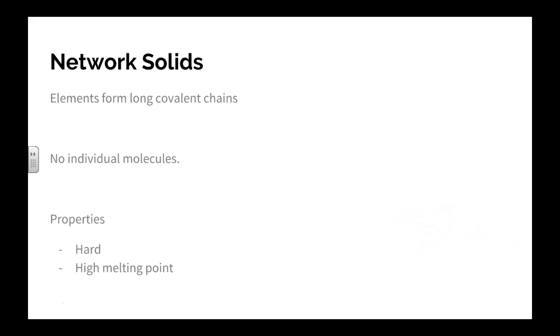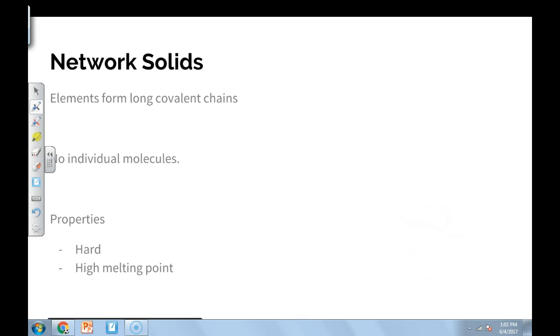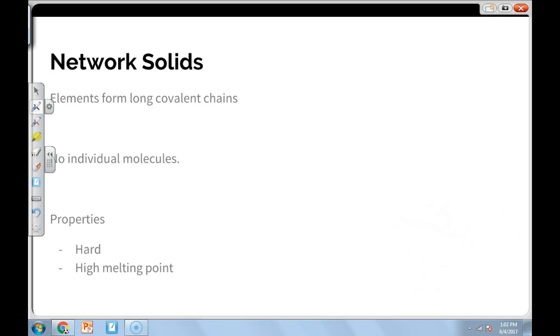And so what makes a network solid different from just a covalent compound is that network solids are going to form these long chains of compounds, using the bonding of elements together. So the idea is like carbon, when carbon is graphite, what it forms are these really funny long chains of carbon that kind of do this thing here.